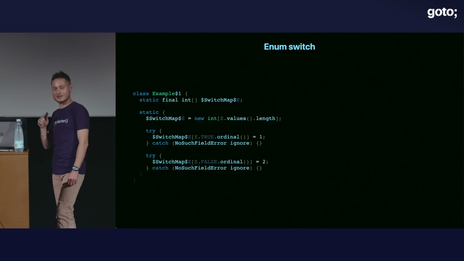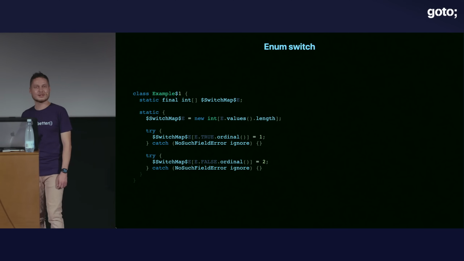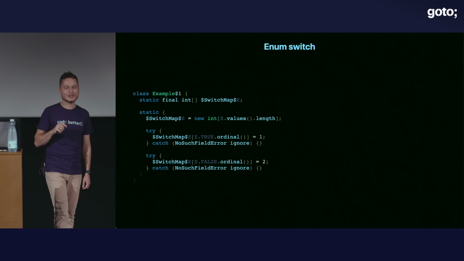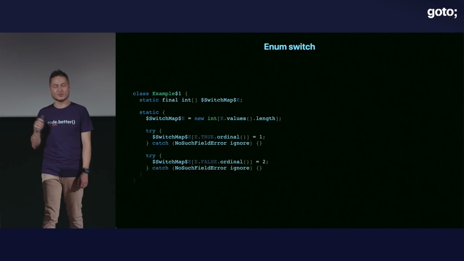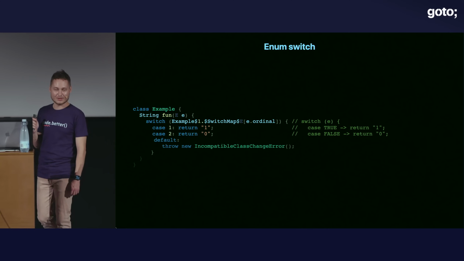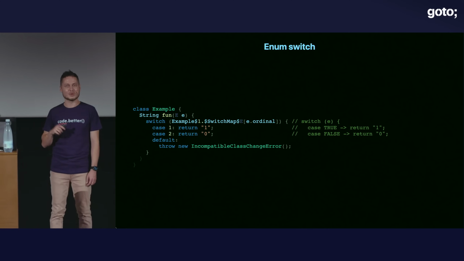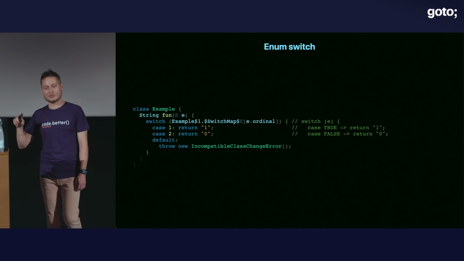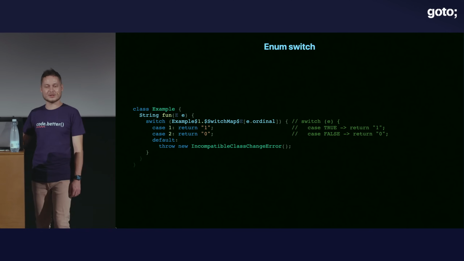What's the ordinal value of a constant false? And in the place of array, let's store 2. And then the actual switch looks like this. We look into the switch map, we ask for a current constant, its ordinal value, and then we do switch.